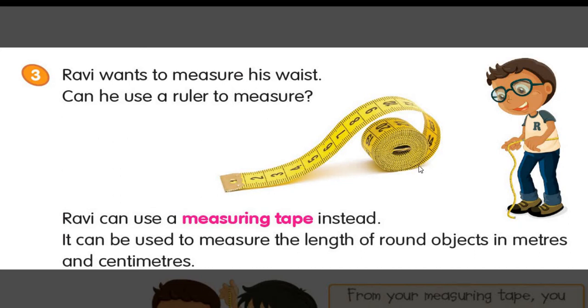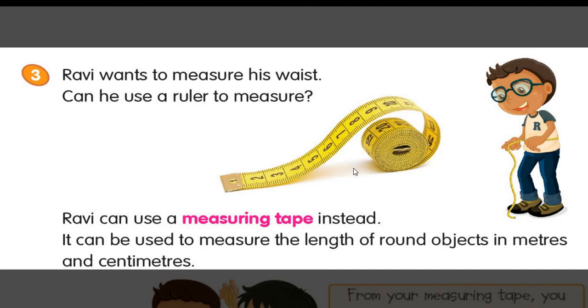So now if your mom has this one, you can go ahead and take a look and try to observe the number, because this measuring tape is actually very special. It has centimeter unit measurement and also meter. Okay, so yeah, take a look and observe, play around with it.